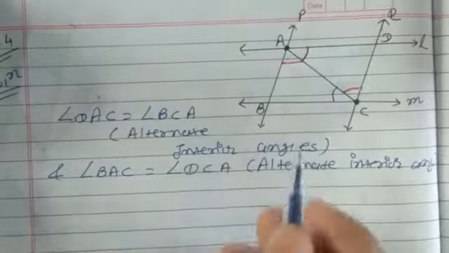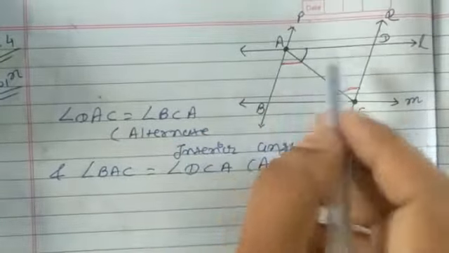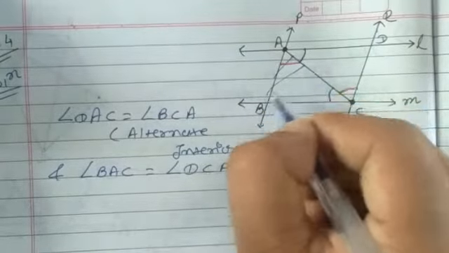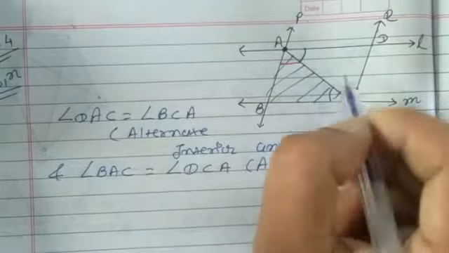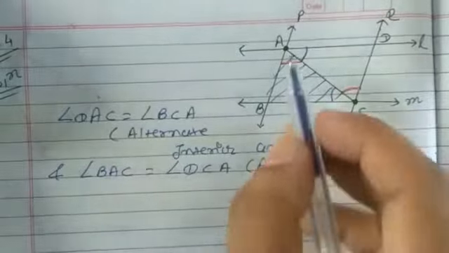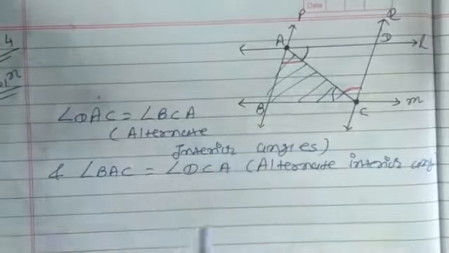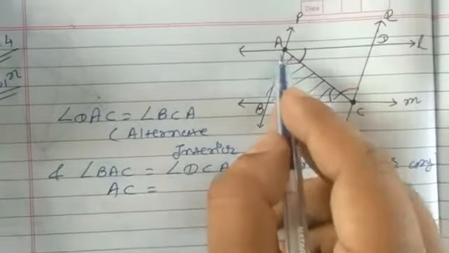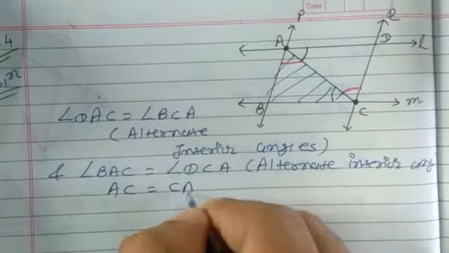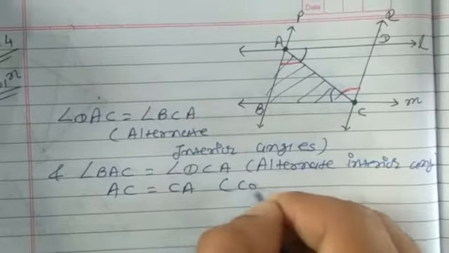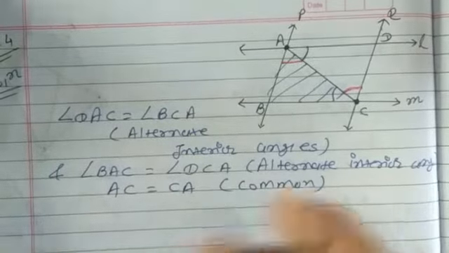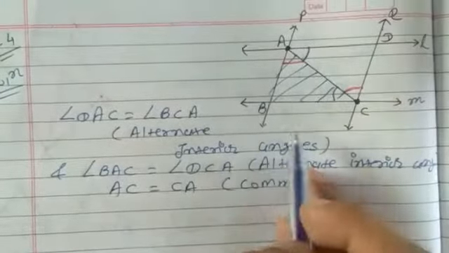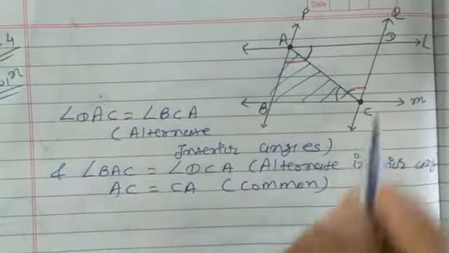Now the third condition is, look here, in both triangles, this triangle and this triangle, AC is common. So AC is equal to CA because of common. So now we have three conditions: two angles and one side are equal.